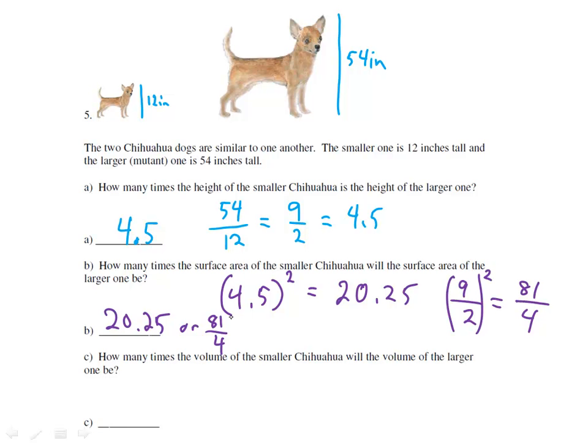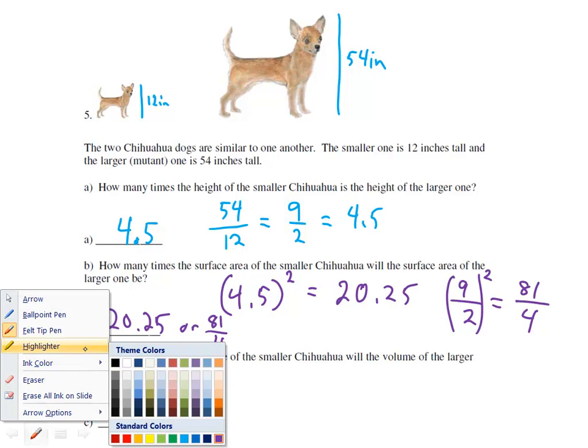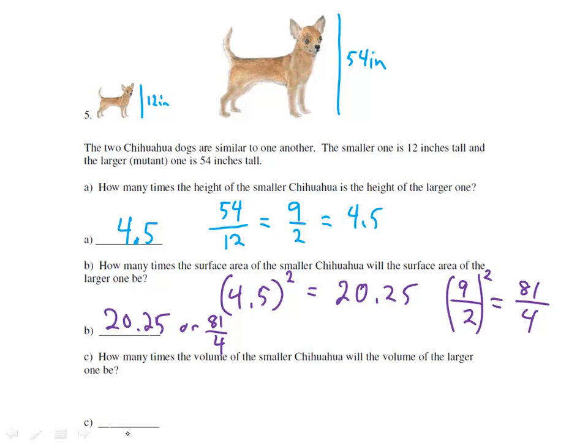All right, then how about how many times the volume of the smaller Chihuahua will the volume of the larger one be? Okay, again, we're using our ratio here, 4.5, this time cubing it.